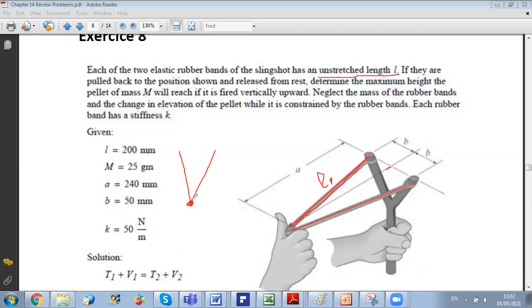We are firing it vertically upward. It's initially at a velocity of 0, but because we have stretched the bands, we have energy in the form of elastic energy. Once we release the mass, the elastic energy will transform into potential energy to raise it upward.